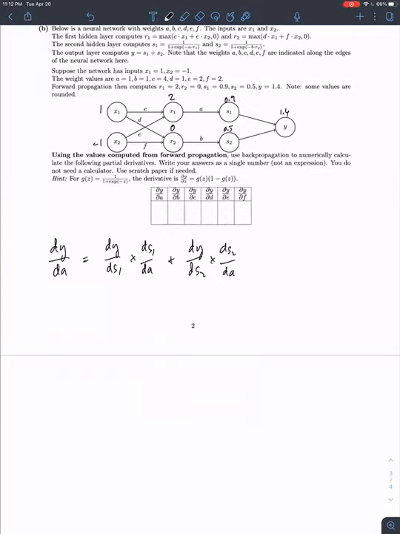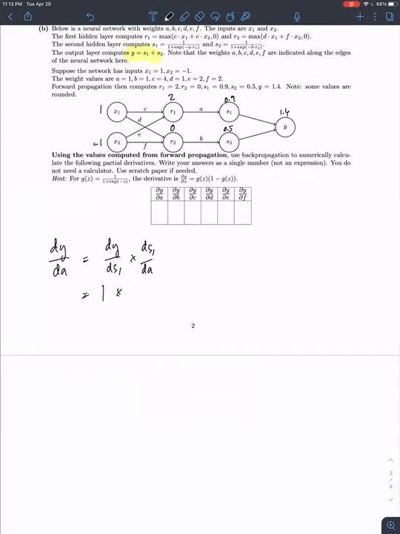But S2 doesn't depend on A, right? So this second term is just 0, so we can ignore it. All right. So dy/dS1. Y is S1 plus S2, we see that here. So dy/dS1 is 1.